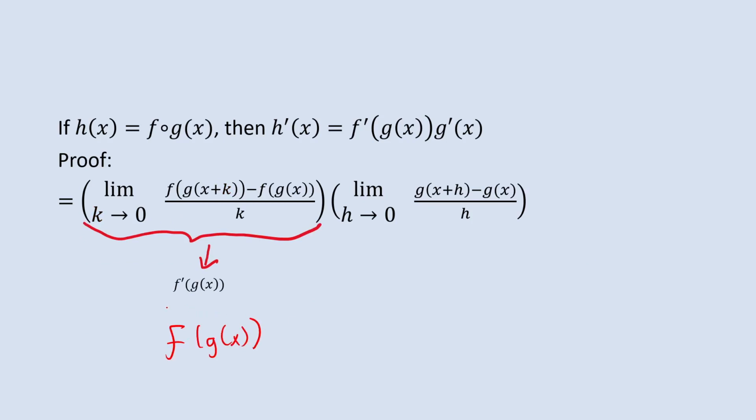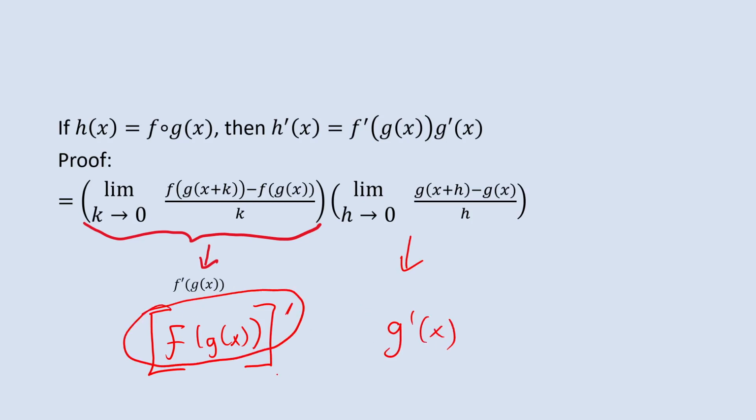Granted, normally we say h goes to 0 and we replace that with a k, but it's just the derivative of f of g of x. And the second one is just the derivative of g of x. The way we write the derivative of f of g of x is f prime g of x. And ultimately we're just multiplying this quantity with that quantity.